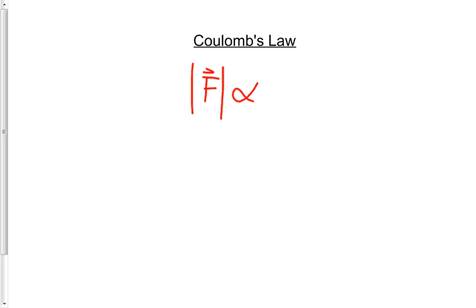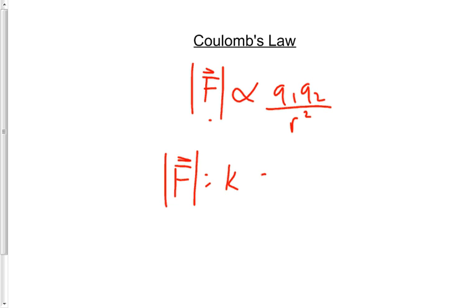F is related to Q1 times Q2 over R squared, or in other words, F is equal to, have you guys done proportionalities in math class? If something is proportional to something else? F is proportional to Q1, Q2 over R squared. In other words, it's equal to something times that. What's that something? It's a constant. We're going to call that constant Coulomb's constant.